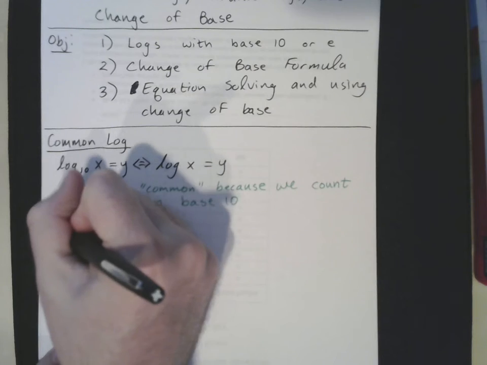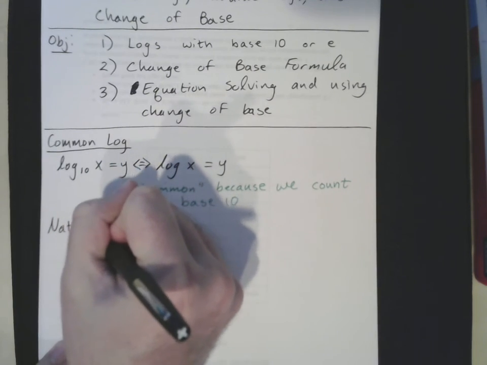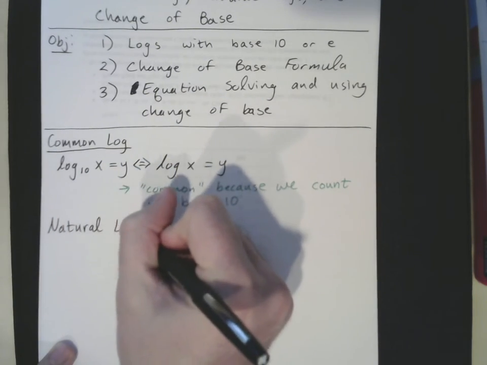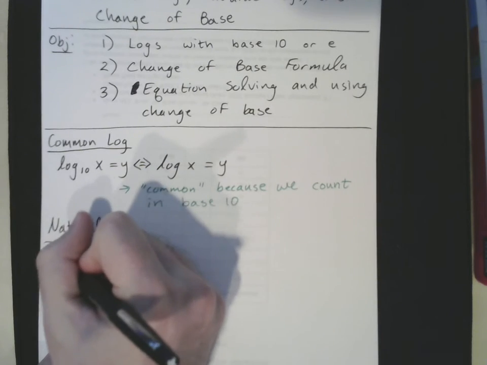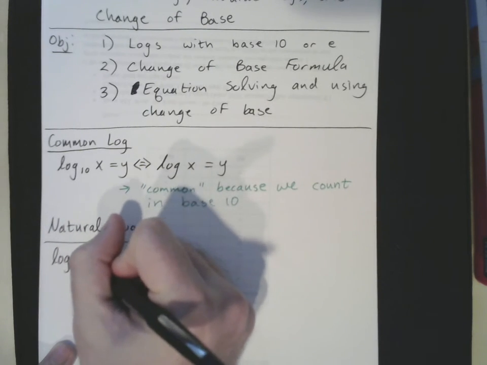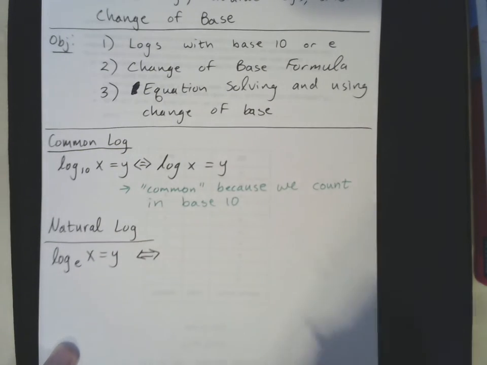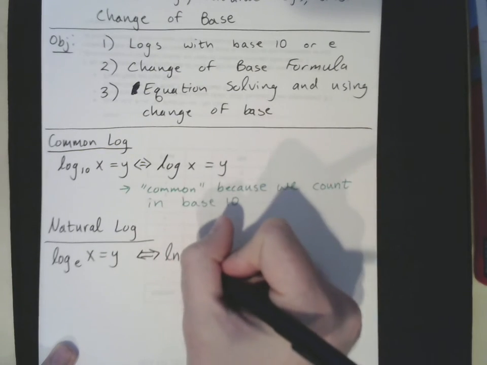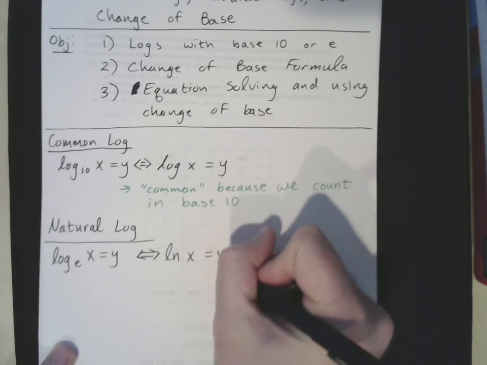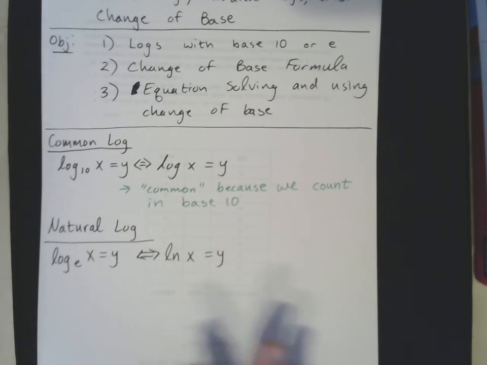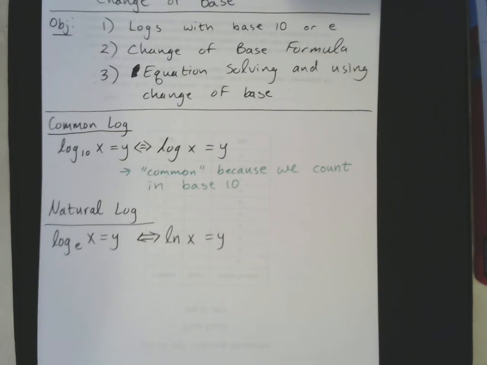And then the natural log is the log base e of x, which equals y. And it also gets a special symbol. It's ln x equals y. Now this is called the natural log because e, which is Euler's number, named for Euler, the German mathematician, is a naturally occurring number.